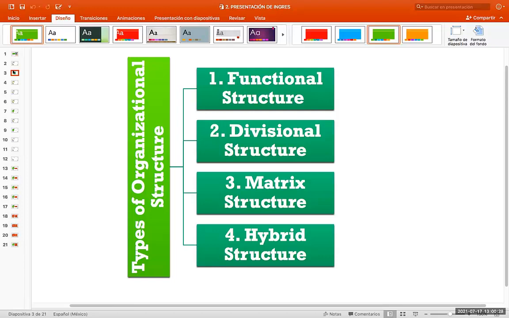In this type of organizational structure, we have an item. The item is that select different items.